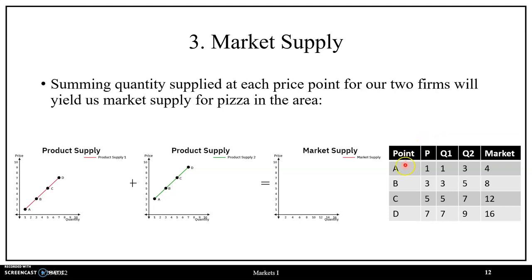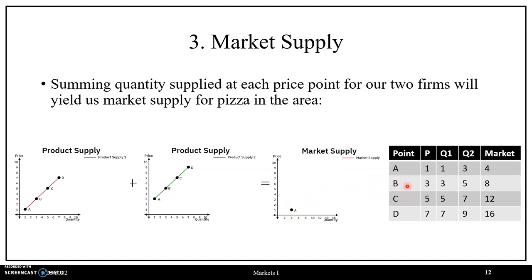So starting at point A, at a price point of 1, location 1 is willing and able to sell 1 pizza slice, while location 2, 3 pizza slices, such that the overall market is willing and able to sell 4 pizza slices at the price point of 1, which we generate with point A on our market supply curve.